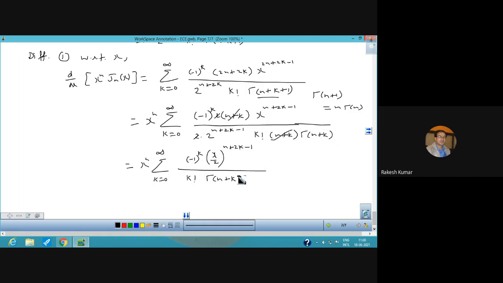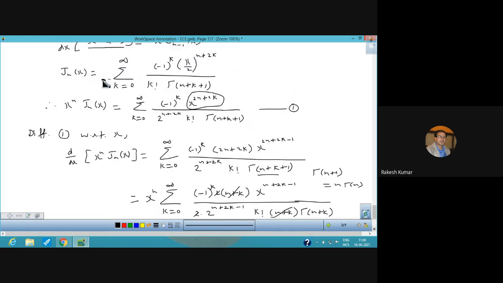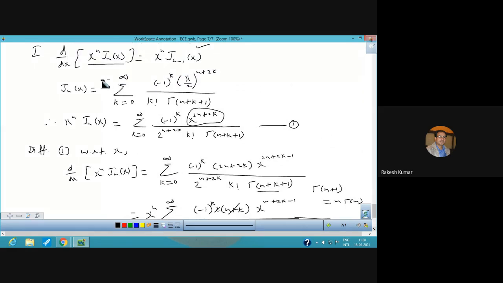Now what is this summation? Just see, this is your x^n times the J_n(x) summation.